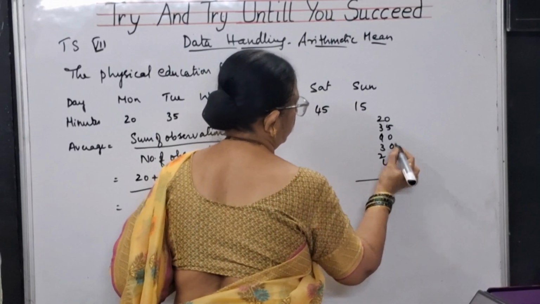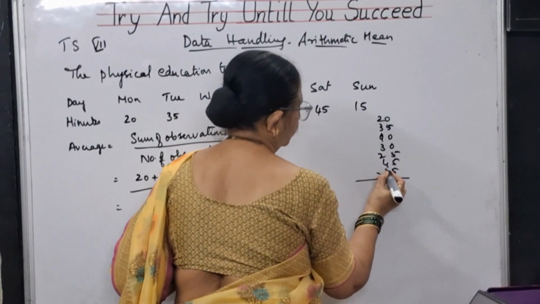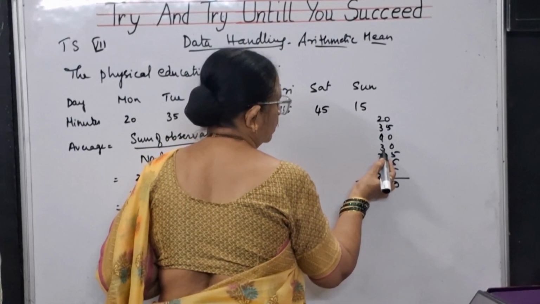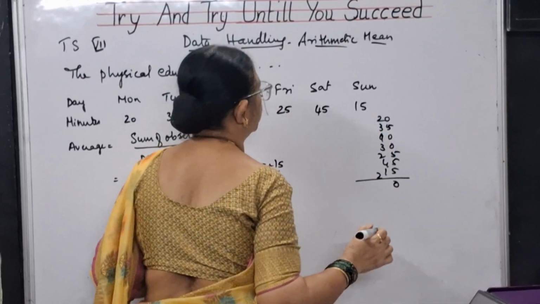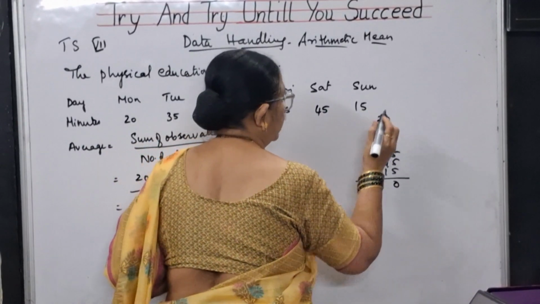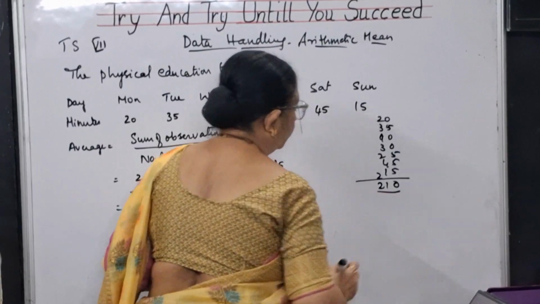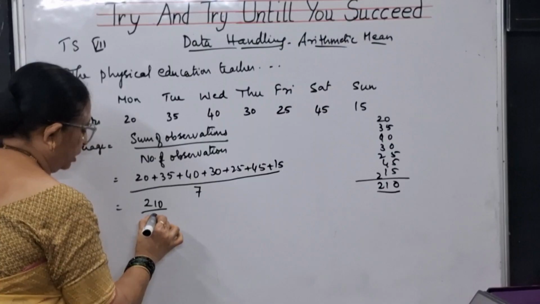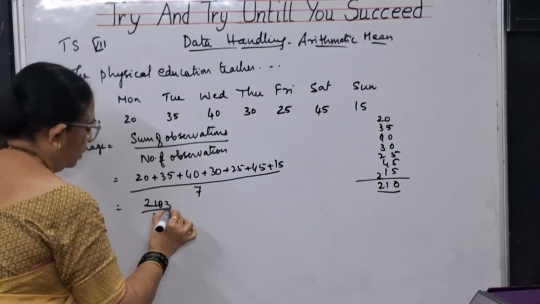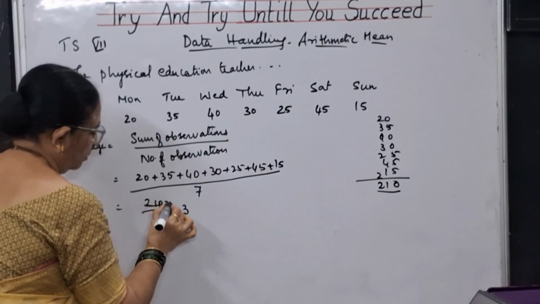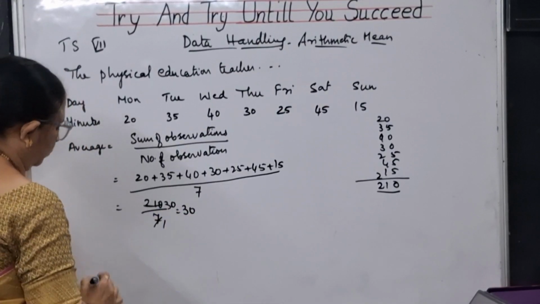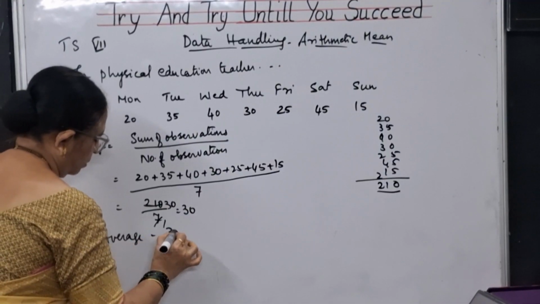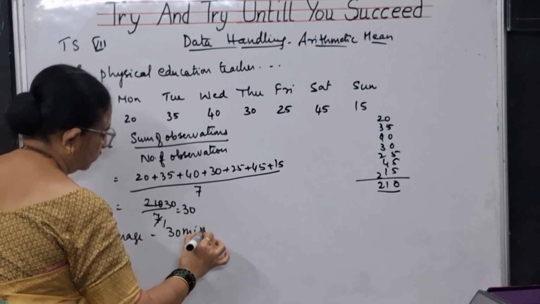Adding them gives 210. So the total is 210 by 7. That means 7 threes are 21, 7 times 30 is 210. So what is the average? The average is 30 minutes.